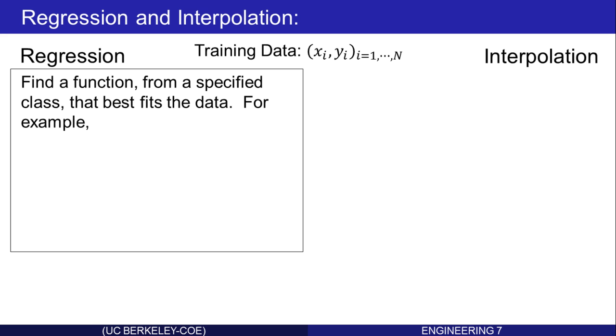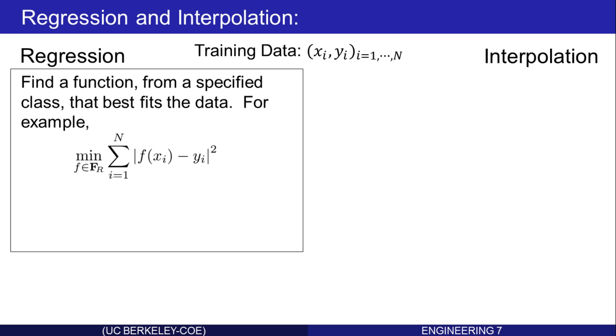Regression aims to find a function from a specified class of functions, somewhat limiting usually, that best fits the data. Here's a mathematical statement of that. Minimize over all functions f from a specified class. Here bold f sub r is some set of functions that we're allowed to look over.